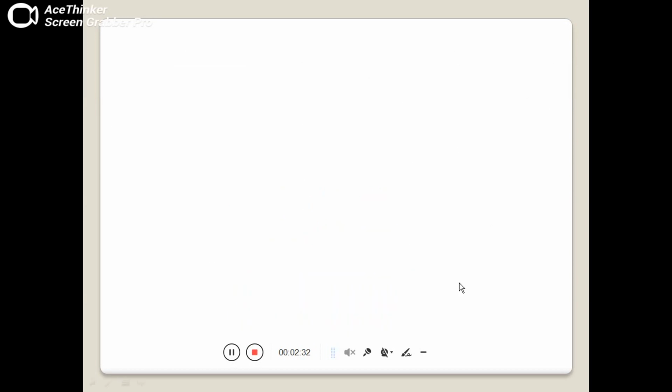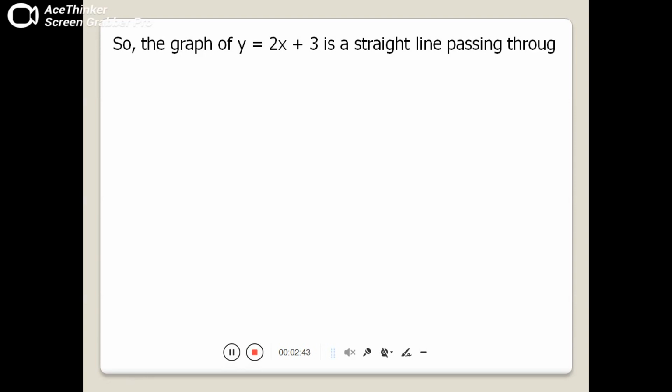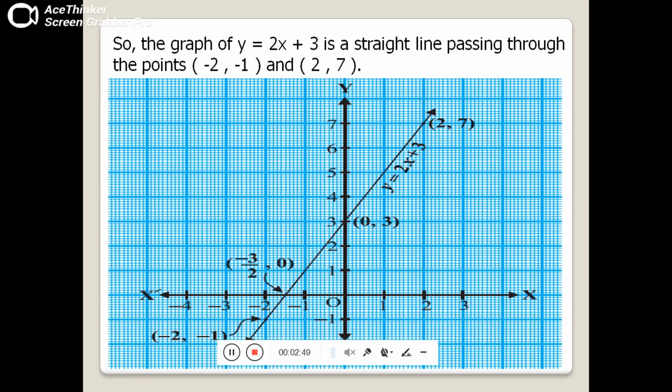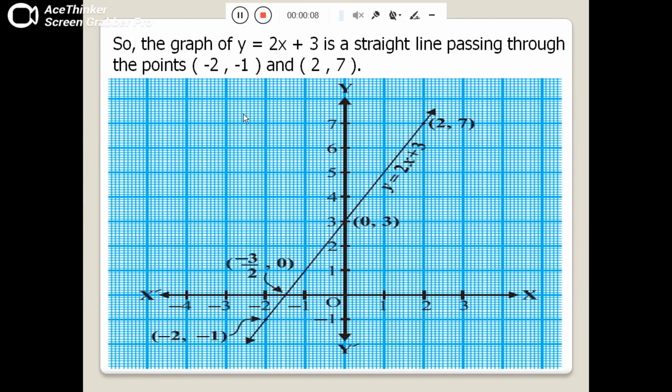When you draw the graph of this, the graph of the equation y equals 2x plus 3 is a straight line passing through the points (minus 2, minus 1) and (2, 7). In this graph, we can see the straight line passing through these 2 points, minus 2, minus 1, which is this point, and 2, 7, which is this point.